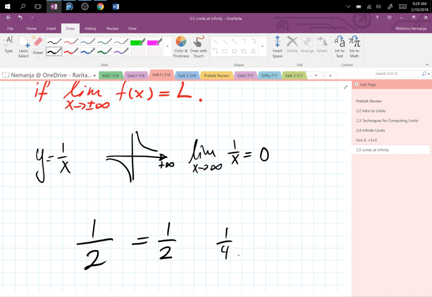Here's 1 over 256. That's 1 over 512. 1 over 1024. And finally, I'm bored. 1 over 2048. 2048 of these little guys.